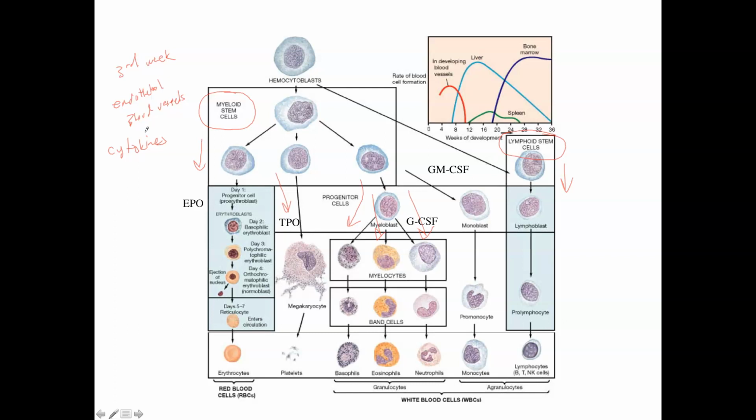So at the third week of development, you're basically using a cluster of blood vessels to produce the chemical signals necessary to produce blood cells. As you continue to develop as an embryo, you're going to start to produce organs like the liver. You're going to see spleen development.